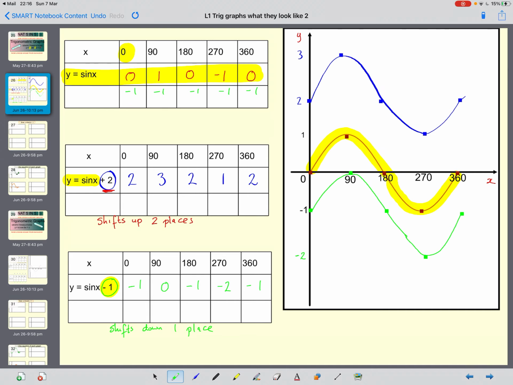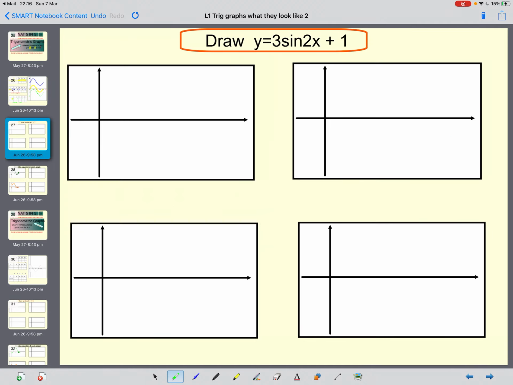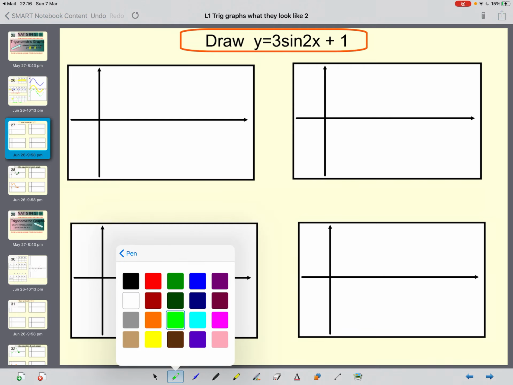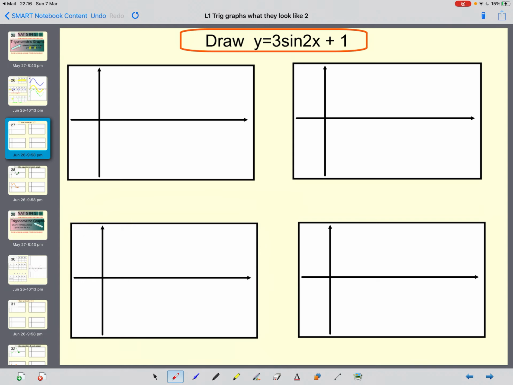Okay, let's look at the next slide. If they ask you to draw y equals 3 sine 2x plus 1, what is that going to look like? Let's look at just y equals sine x first of all. We all know what that looks like, up to 1, down to negative 1, with 360 there.